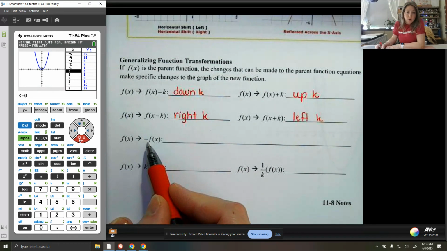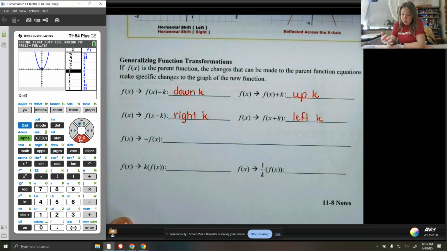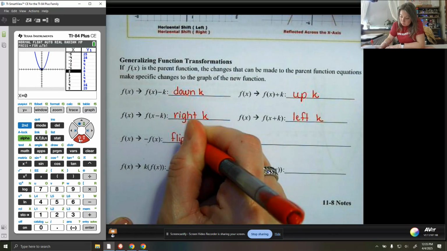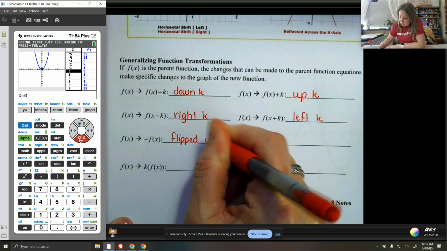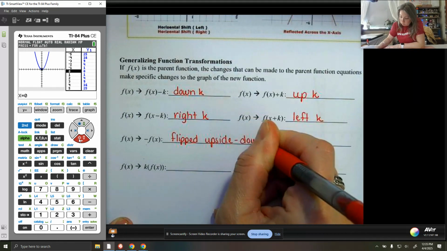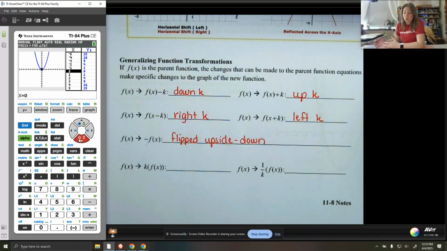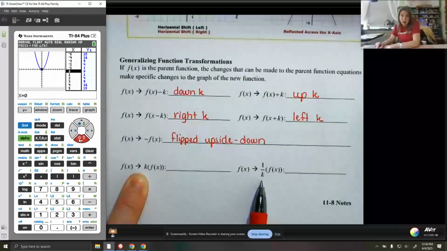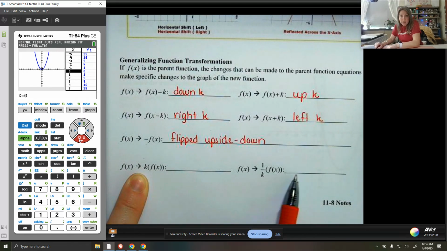If you multiply by a negative in front, so your a value is a negative, then you are flipped upside down. Those are the frowny faces. So all the frowny faces have a negative in front of the x squared. And now what we're doing here is multiplying in front. Multiplying by a fraction is what widens us out.